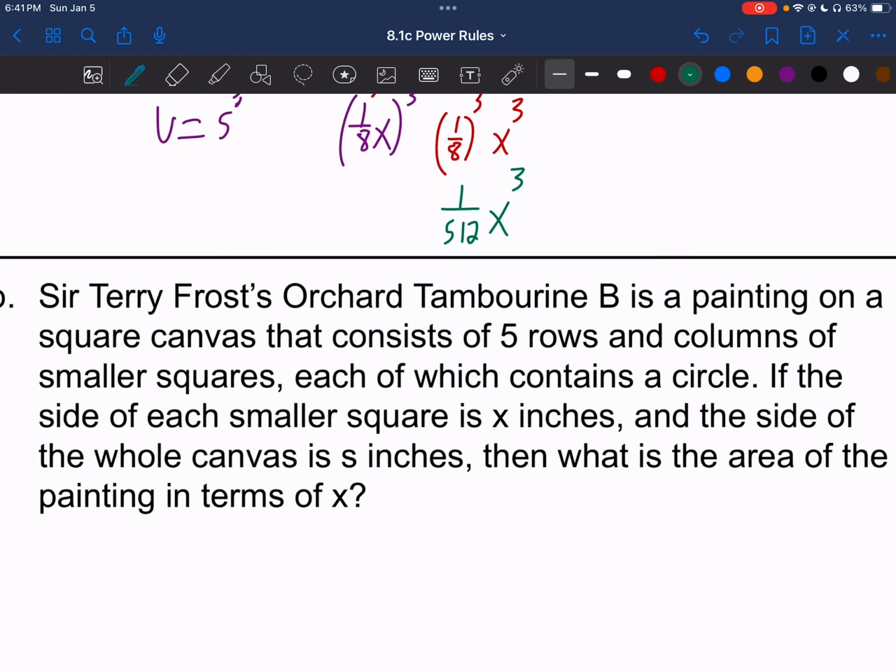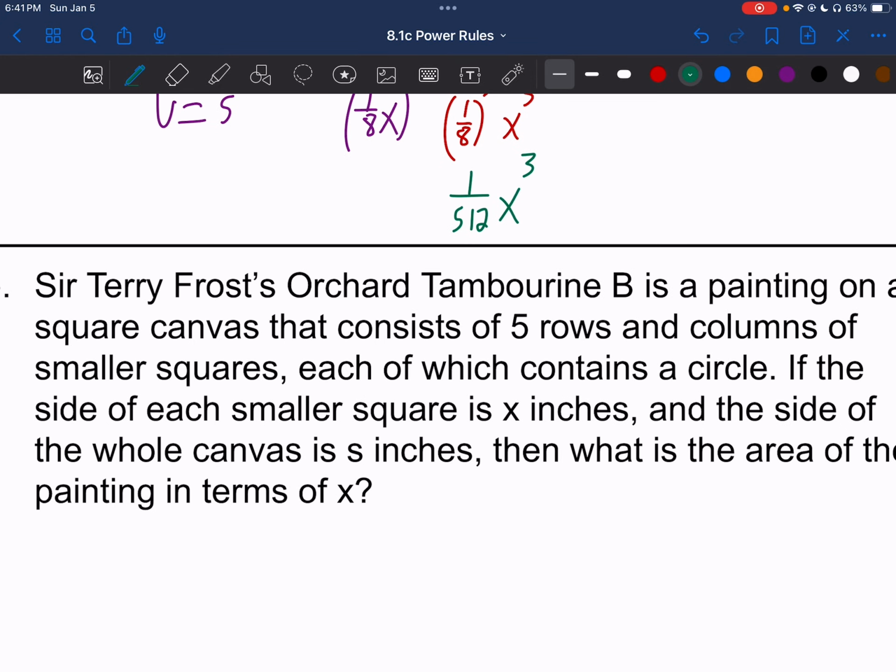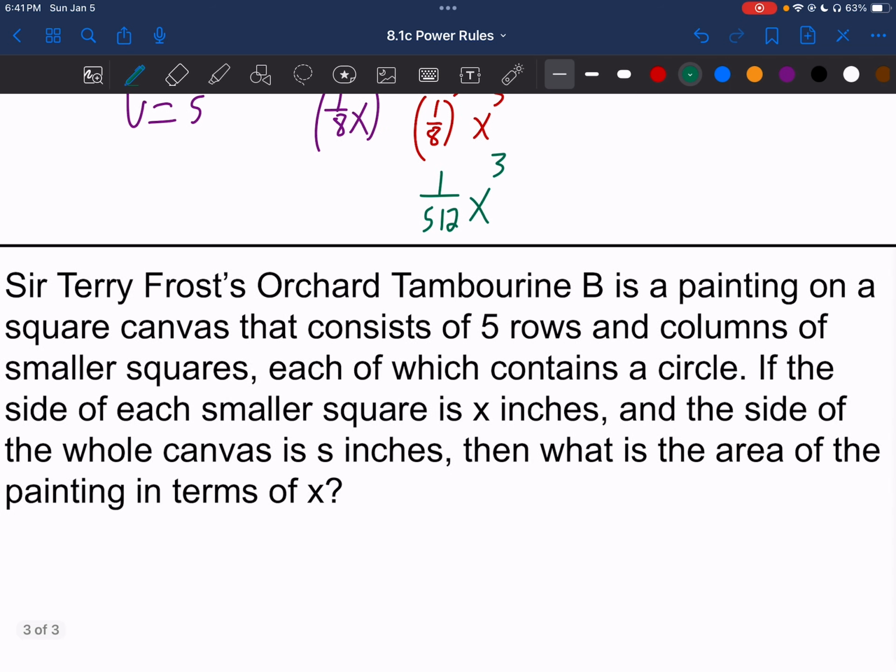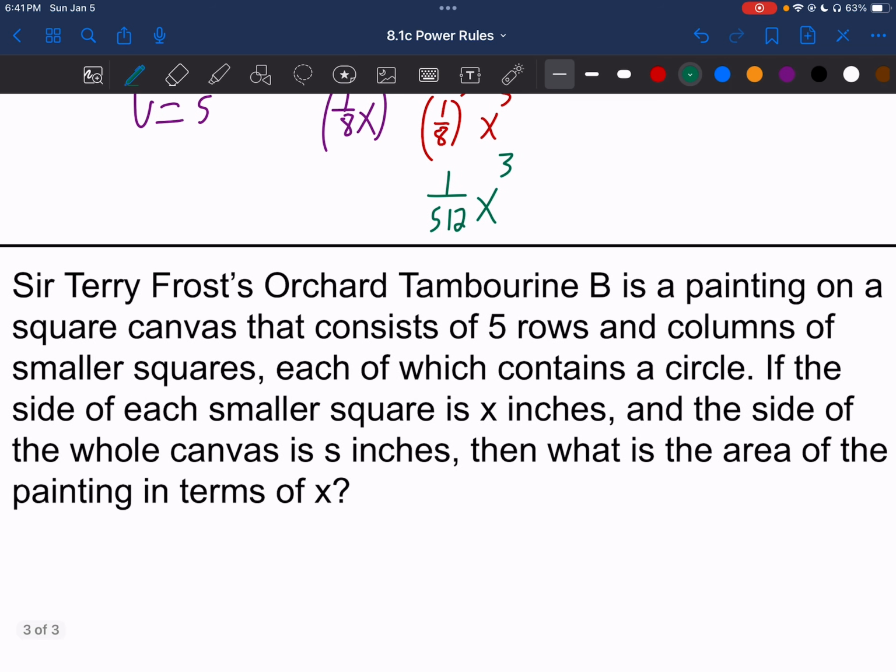So let's look at Sir Terry Frost's Orchard Tambourine B, a painting on a square canvas that consists of 5 rows and columns of smaller squares, each containing a circle. If the side of each smaller square is x inches and the side of the whole canvas is s inches, then what is the area of the painting in terms of x?